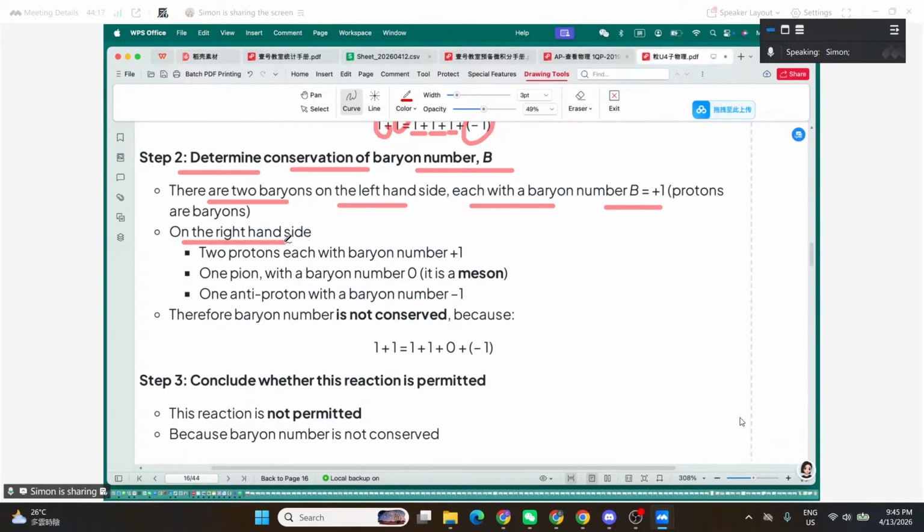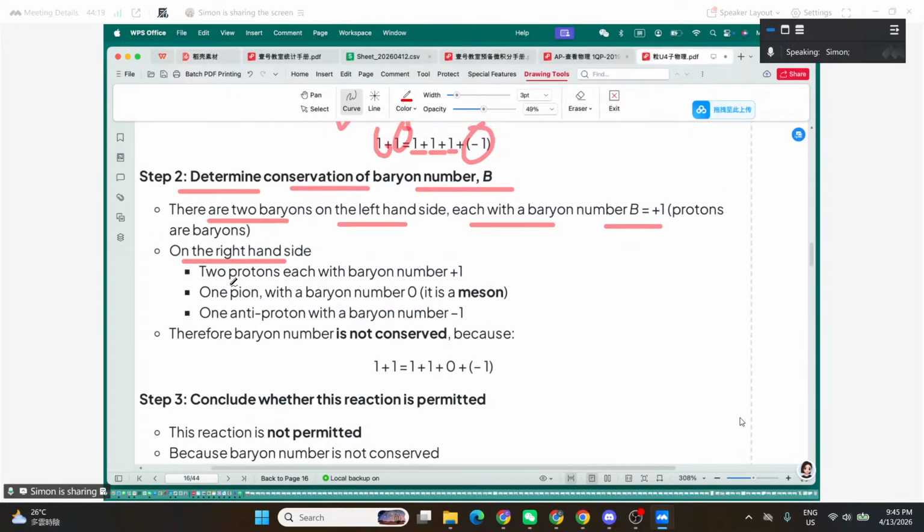On the right-hand side, we can see 2 protons, each with baryon number +1. Then one pion. Why does the pion not have a baryon number? Because the pion is a meson, not a baryon, so we call this one 0. And another is the antiproton. The antimatter has baryon number -1.